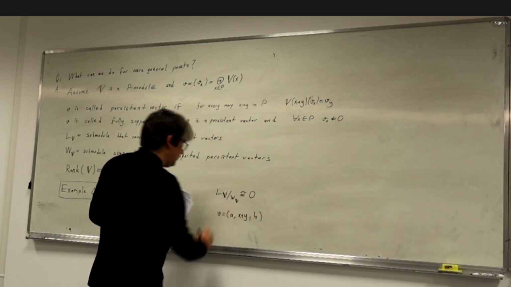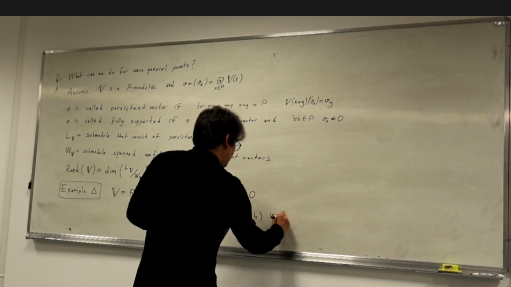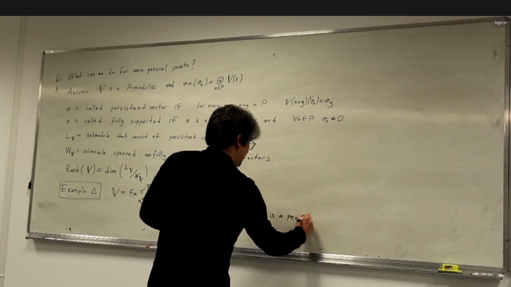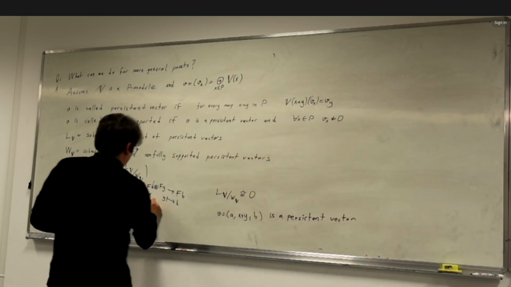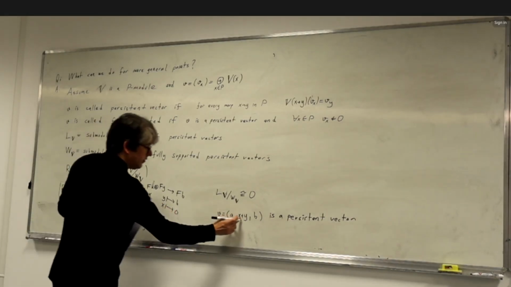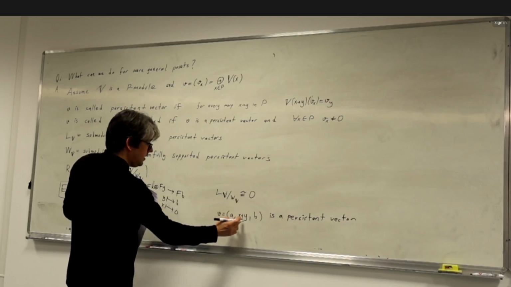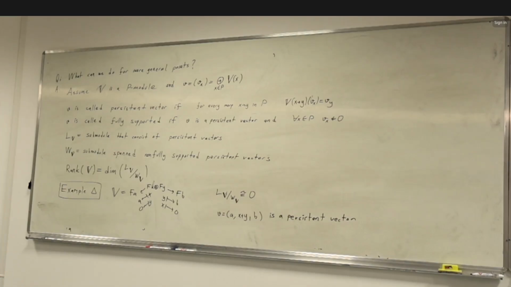So v equals a_x plus b is a persistent vector, because here y is going to 0, x is going to 0. So really x plus y is going to A, x plus y is going to B. So this is a persistent vector.